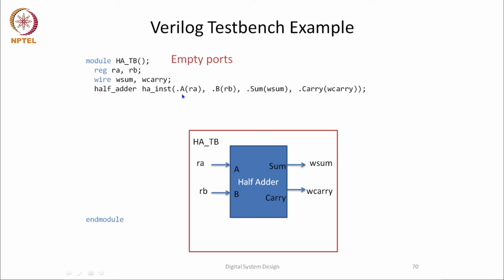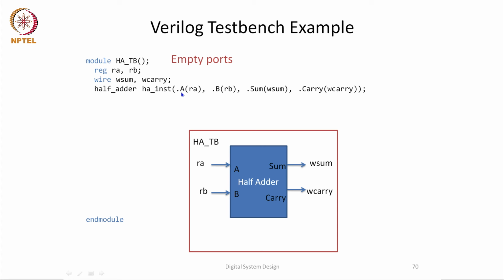In our previous example of structural modeling, we simply wrote sum, A, B. Here we are doing a different kind of port binding, where order is not important. We are saying that the A port is connected to the RA signal of the test bench. You see RA is in the scope of the test bench, so there is no dot written here.